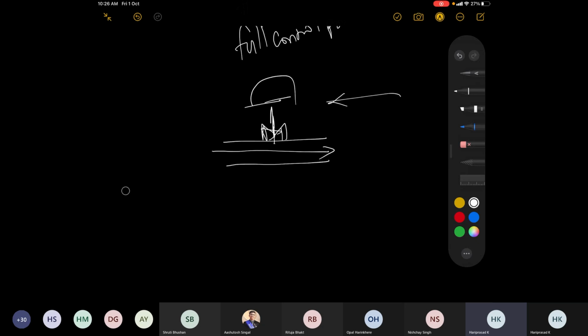But still, the error is not zero. Error will be zero only when your y reaches the y set point. So it has fully opened, but still your error might not be zero. So it is, let's say, here, and still the error is there. The controller will suggest you to open up more. Open the valve more, open the valve more.